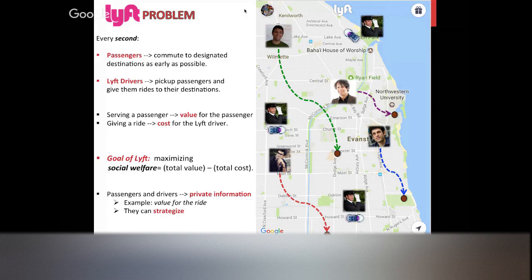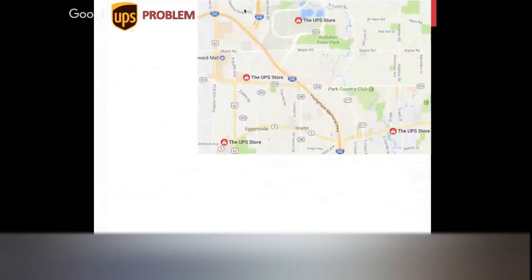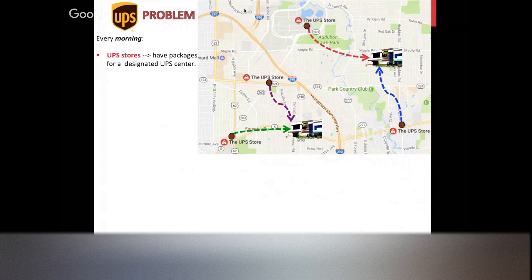Now let's remove the strategic component from this problem, and we get to another problem which I call the UPS problem. So what is the UPS problem? In the UPS problem, every morning, UPS stores have packages that need to be delivered to the UPS dispatching center. And then we have UPS trucks that want to go to these UPS stores, get the packages and deliver them to the dispatching centers.